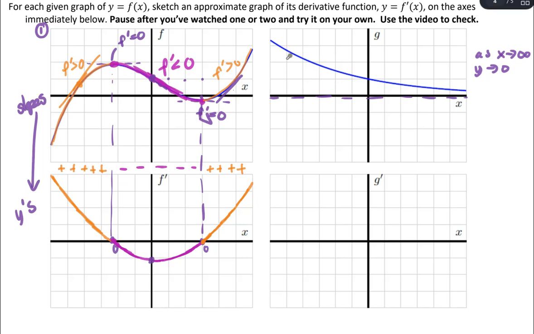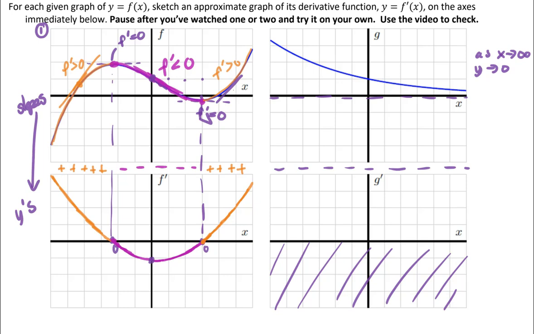As I move to the left, what it looks like is happening is this function is concave up, so my slopes are just going to keep getting steeper. So the slopes are all negative, so I can draw negatives all the way across, which means that the entire graph should be below the x-axis.